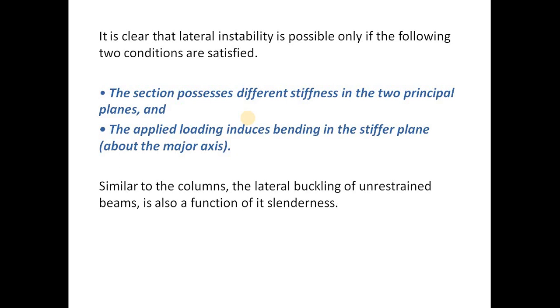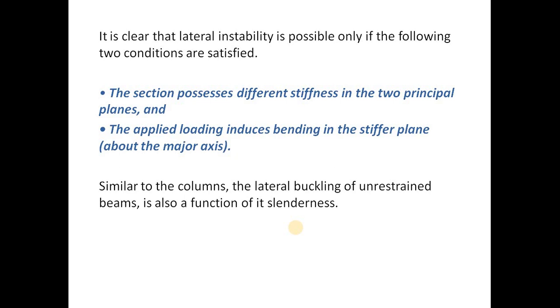It is clear that lateral instability is possible only if the following two conditions are satisfied. Okay, so what are those conditions? The section possesses different stiffness in the two principal planes, and the second condition is the applied loading induces bending in the stiffer plane, that is, it induces bending in the major axis.